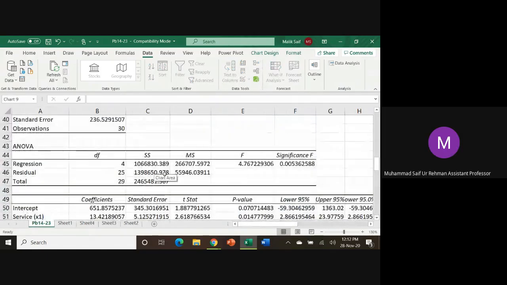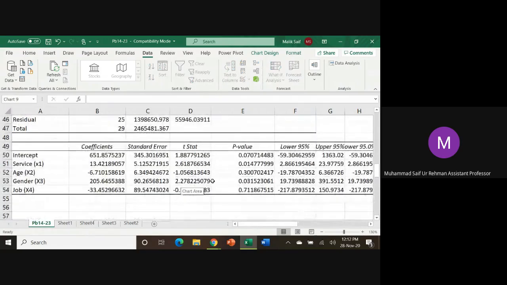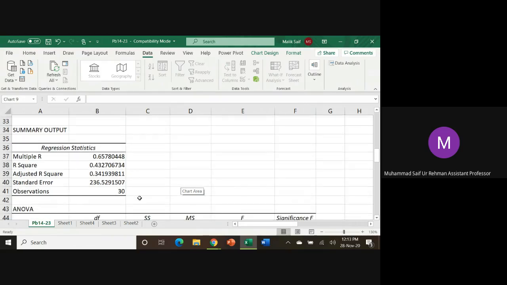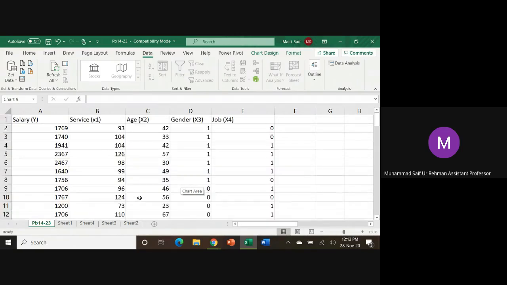See over here, this is the multiple R, this is the correlation coefficient in this case. So basically this output is for all explanatory variables, that what is their relationship with the dependent variable. But if you are interested in knowing which has how much correlation with the dependent variable, then you will check one by one. आपको one by one check करना पड़ेगा.